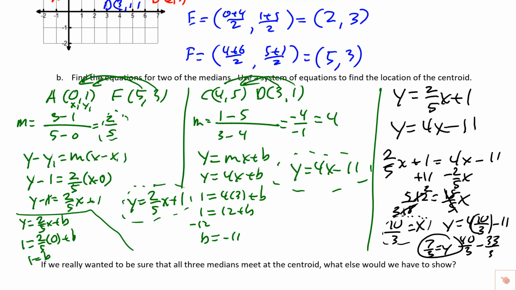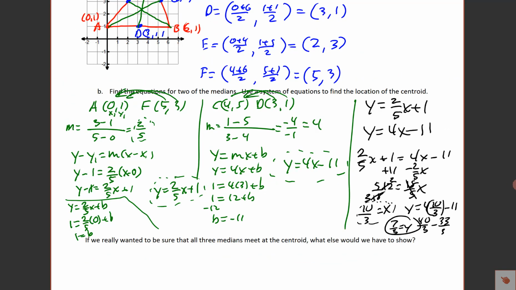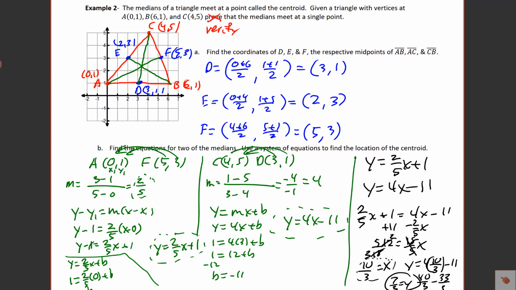So the coordinates of this point right here ought to be, so right in there, they should intersect at 10/3, comma 7/3. So that's a little bit more than 3 in the x direction, 3 1/3. And let's see, 7/3, so 2 1/3. Does that look about right? Okay, pretty good.